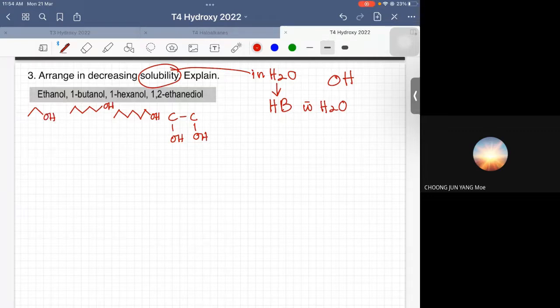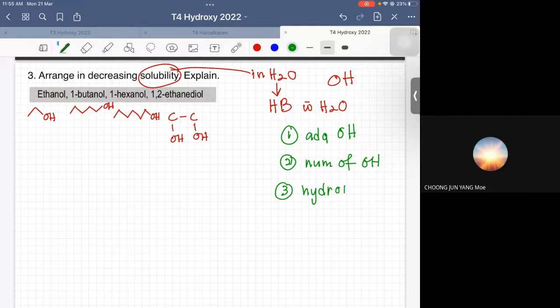Okay, kita kena consider 2 faktor. Faktor pertama, ada OH tak? Ada OH atau tak ada OH. Yang kedua, number of OH. Yang ketiga, hydrophobic area.